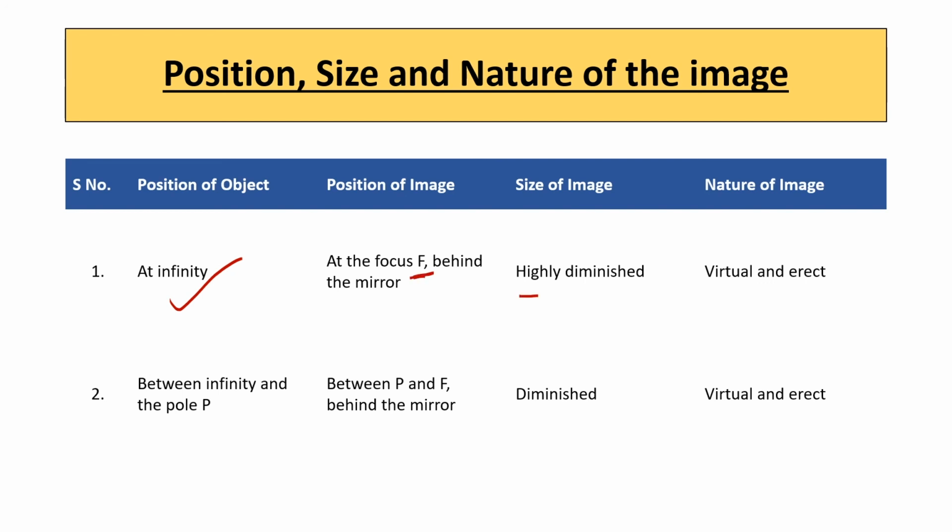It is highly diminished, virtual and erect. Between infinity and the pole, you will get the image between P and F. It is also behind the mirror, diminished, virtual and erect. In both these cases, the image is virtual and erect, and it is diminished.